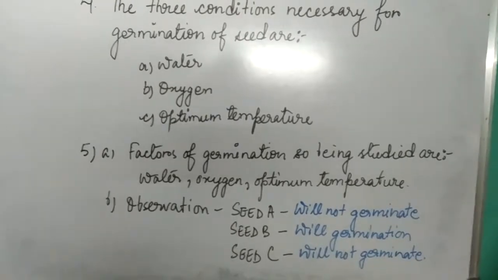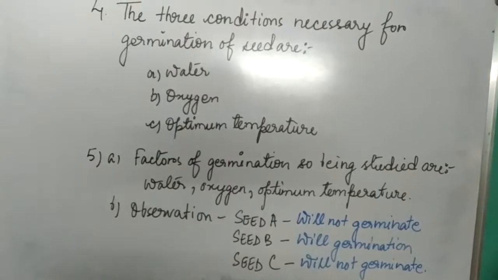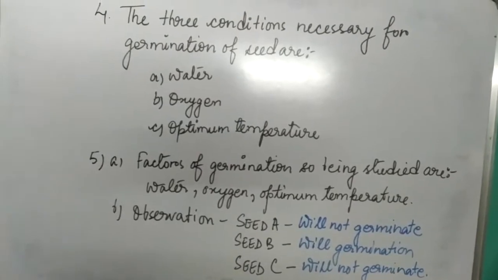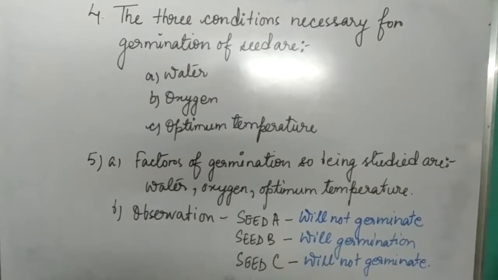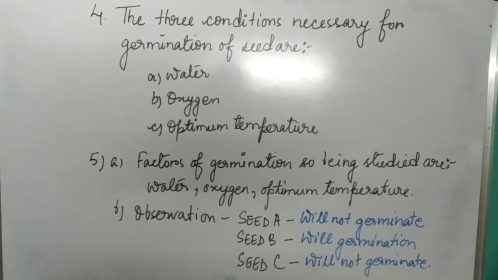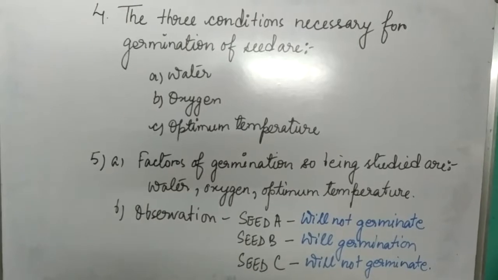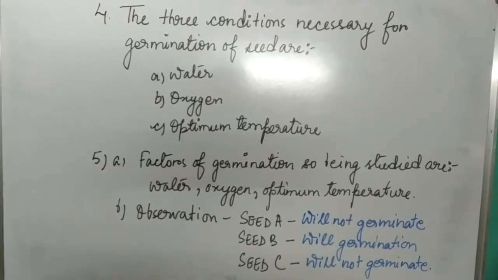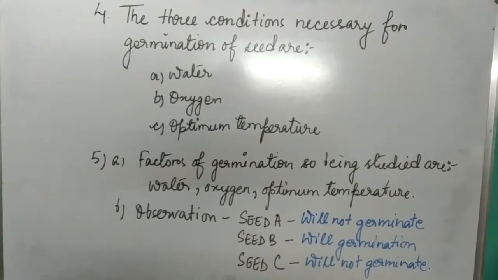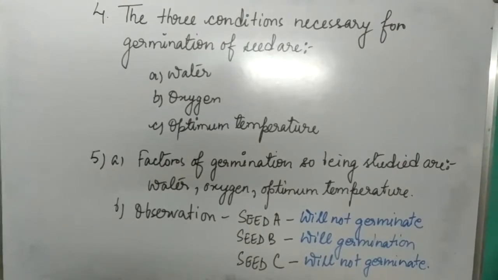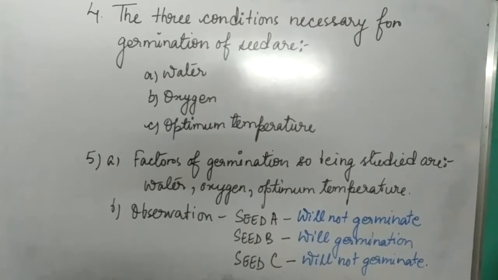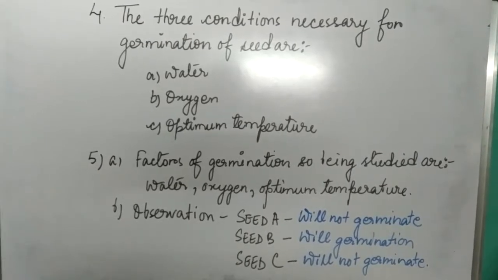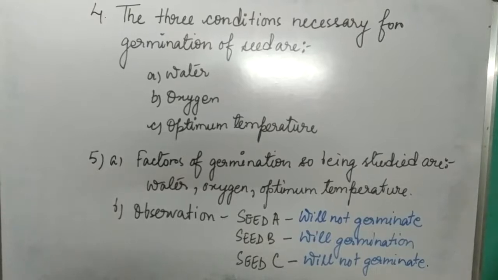As you can see, students, in your assignment question, 3 seeds of bean were given. One seed was completely immersed within the water, that is seed C. Seed B was half outside the water and half dipped inside the water. And there was a seed A, which was completely above the surface of water and was completely in air.